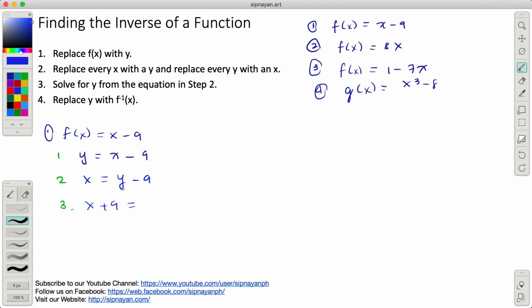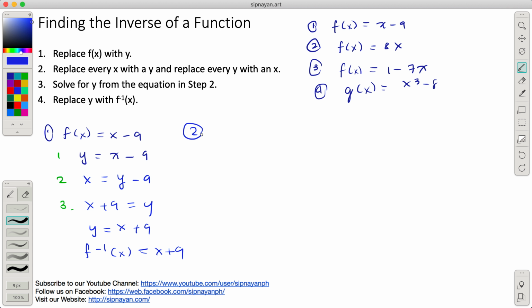Plus 9 ako both sides. Y na lang matitira dito, so y equals x plus 9. Yun yung equation ng inverse natin. Pero yung step 3, kasi f ito, gagawin natin f inverse para makita natin na yun ay equation ng inverse ng f, x plus 9. Okay? So, that's number 1.